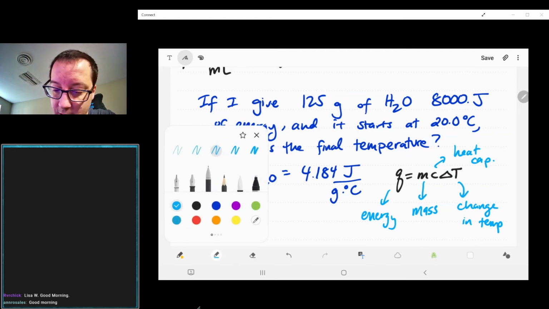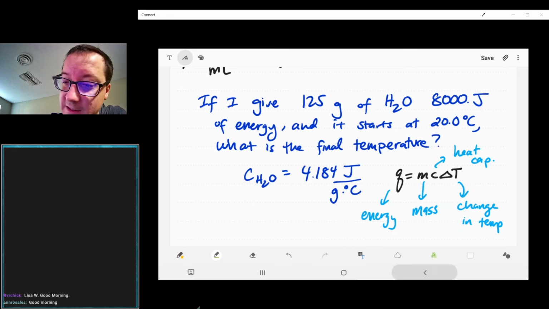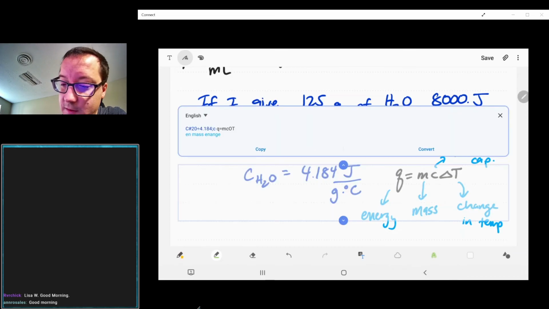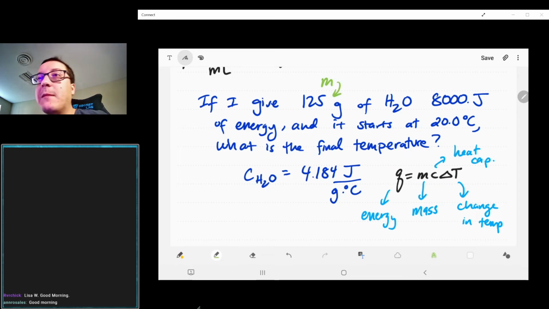So going just as if we were reading this paragraph, our first number is 125 grams. Looking at the kind of 4 options we have here, grams is a unit of mass, right? So that tells us that this is our mass. 125 grams, just by looking at the units of that particular quantity.